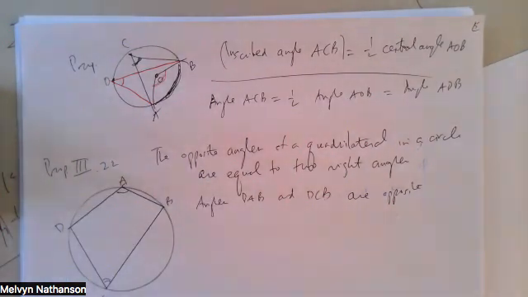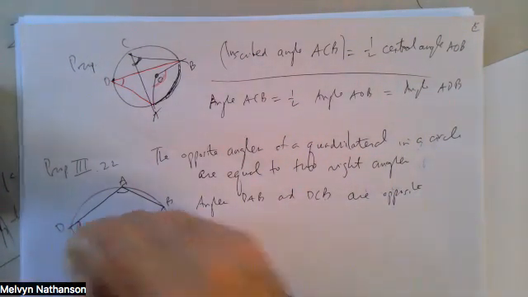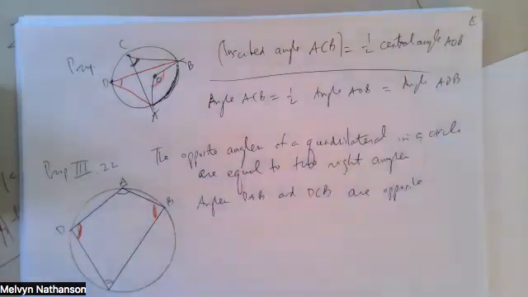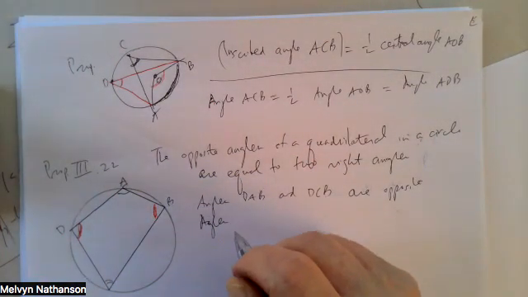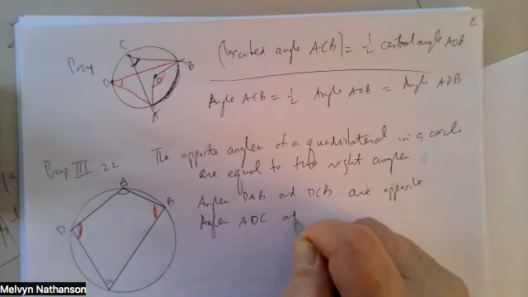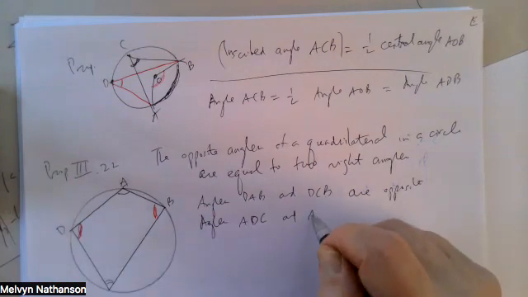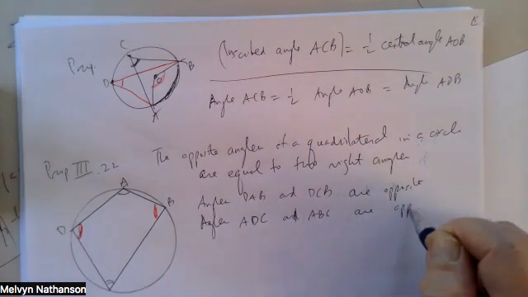They're one pair of opposite angles. And similarly, if I take angles ADC and ABC, these are also opposite.